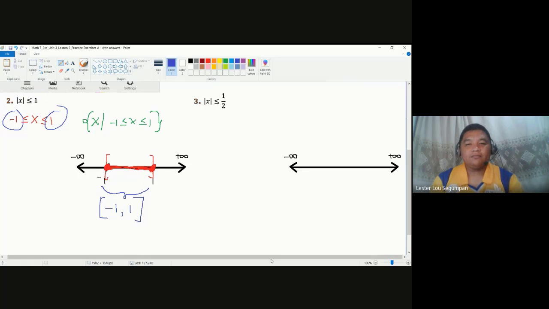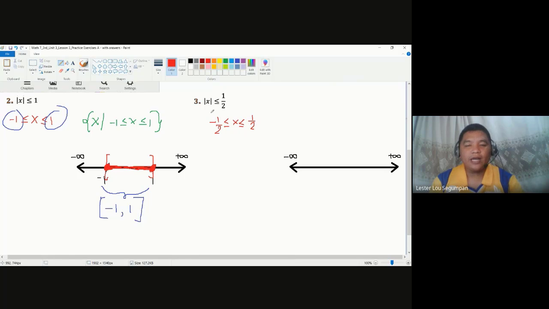Number 3, almost the same as number 2, it's just that the value here is 1/2 or a fraction. So simply copy, our linear inequality form is x is greater than or equal to negative 1/2, but less than or equal to positive 1/2. You may want to check if you want. 0 is included, so absolute value of 0 is less than 1/2, correct?